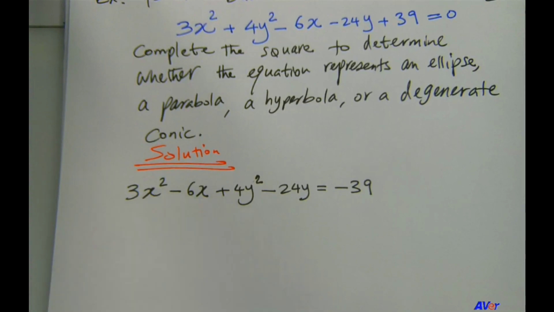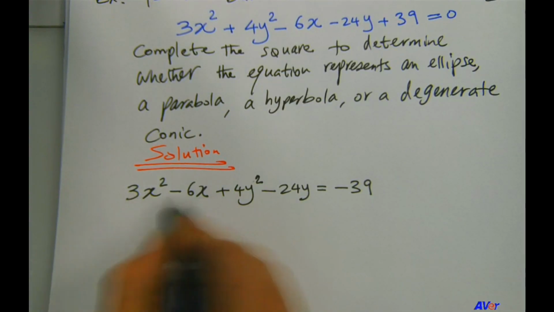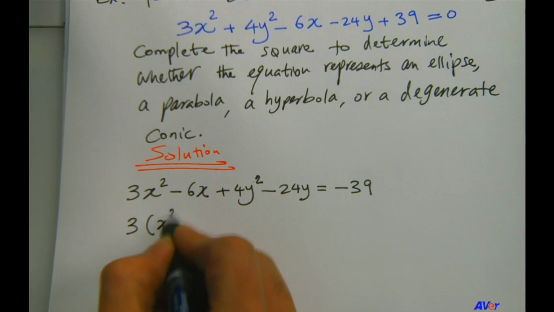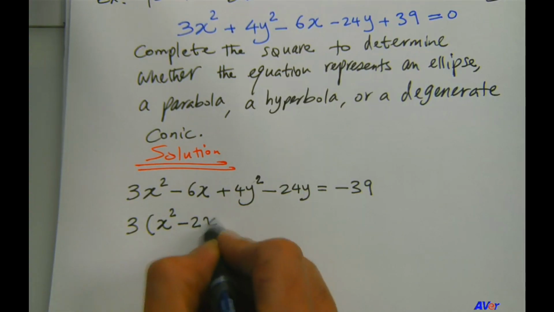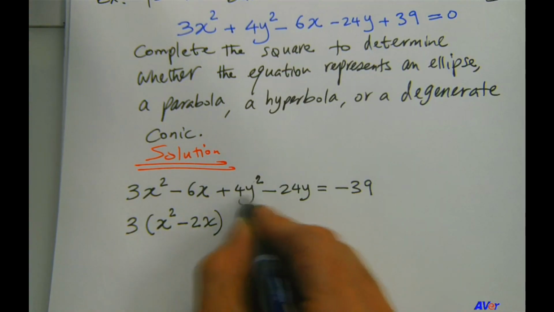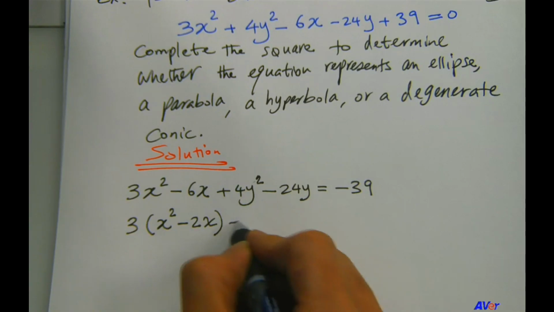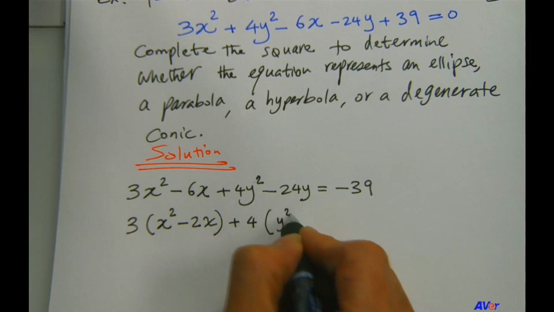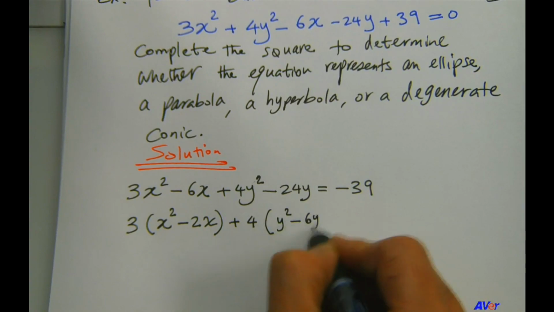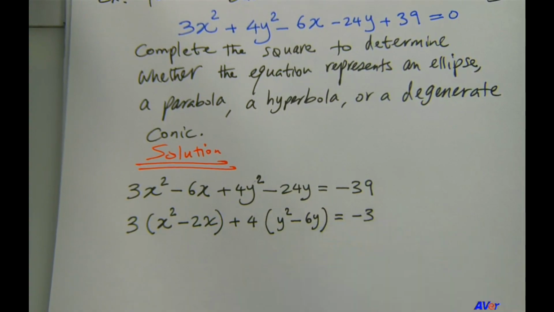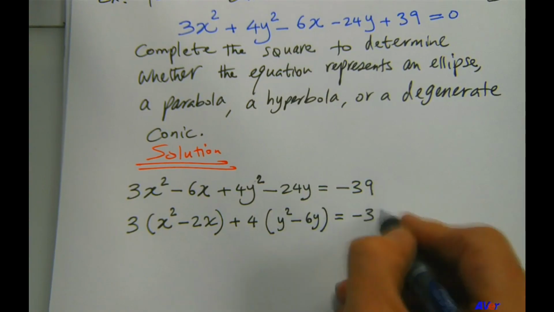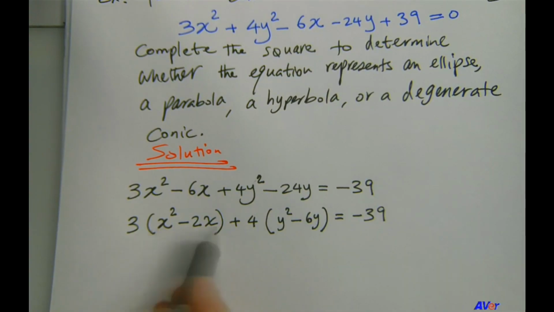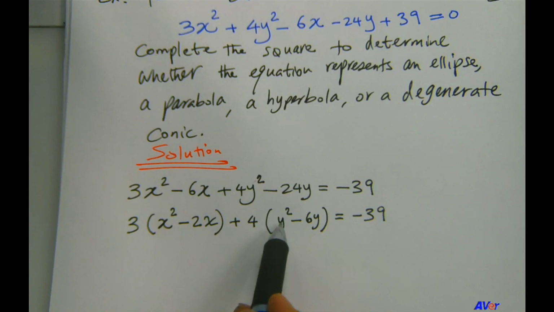So I'm going to factor out the 3 from the x terms. So we're going to have x squared minus 2x, right? Do the same thing with the y terms. This time I'm going to factor out 4. Okay, so notice what happened now. Inside the parentheses, the x squared term and the y squared term have coefficient positive 1.